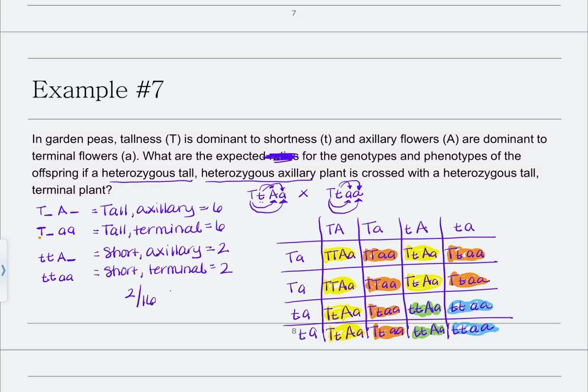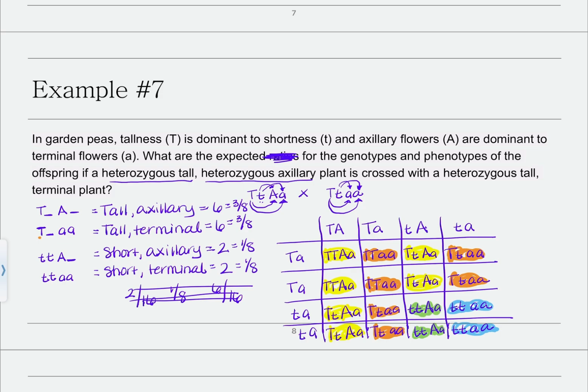You're going to see it reduced down to 1/8. It's the same thing as saying 1/8. Same thing when we do tall and axillary, tall and terminal, we produce 6 out of 16. That reduces down to 3/8. So those are the fractions you would see on the exam here.